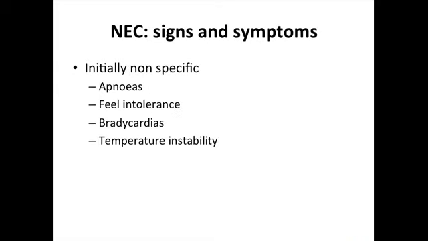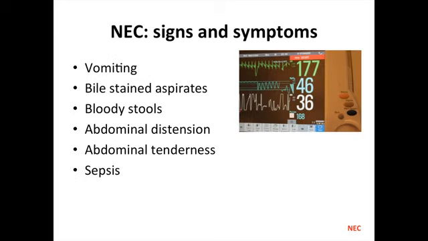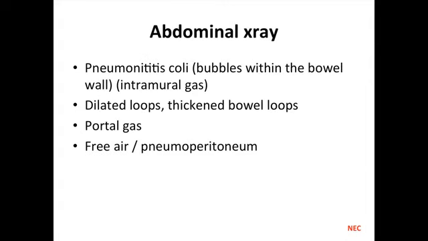The signs and symptoms initially are non-specific and include apneas, feed intolerance, bradycardia, and general temperature instability. As the disease progresses, the baby may develop vomiting, bile-stained aspirates, bloody stools, abdominal distension, abdominal tenderness, and generalised sepsis.